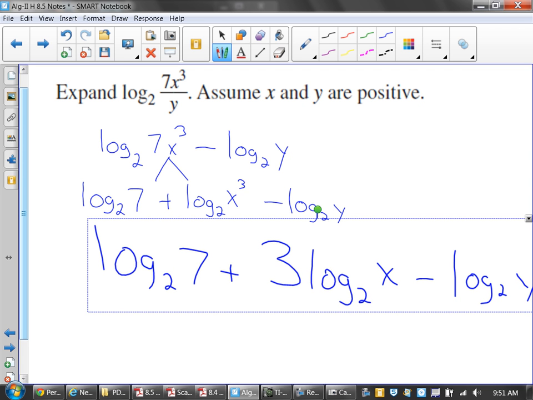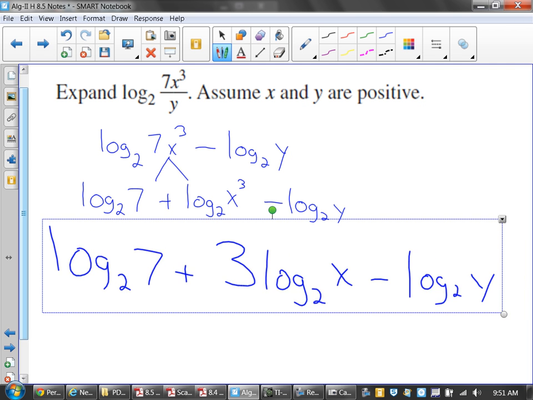Isn't that 3 log base 2 of x? How did you go from x cubed to 3? The power rule: whatever the exponent is, it just drops out in front. Wow, I thought that was clever.